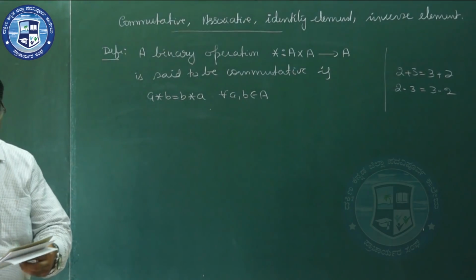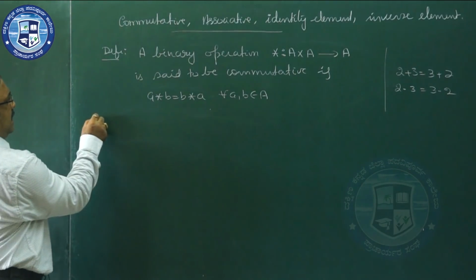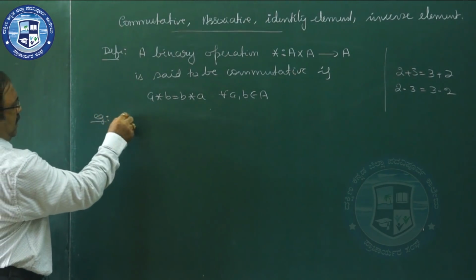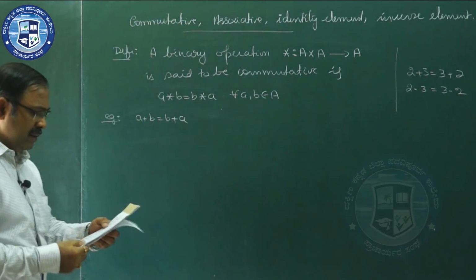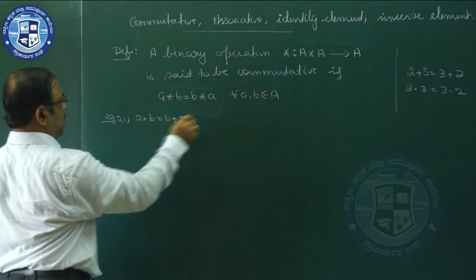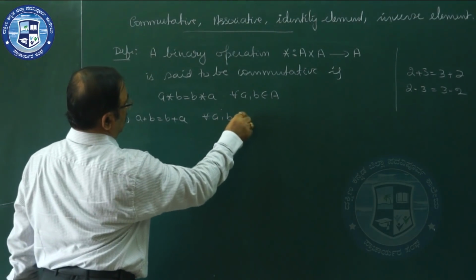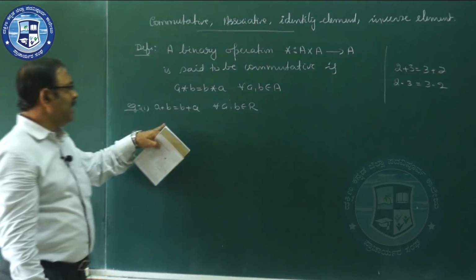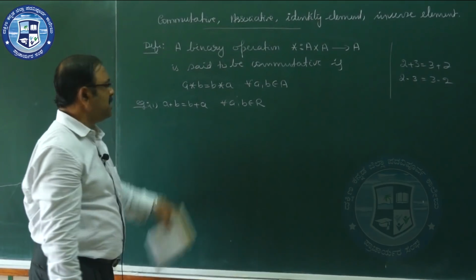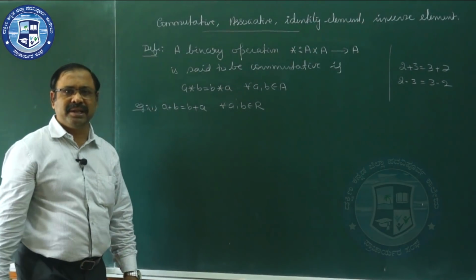Now, as an example, we have A plus B equal to B plus A for all A, B belonging to R. R is the real number set, right? So in the real number system, A plus B is equal to B plus A. That means addition is commutative.